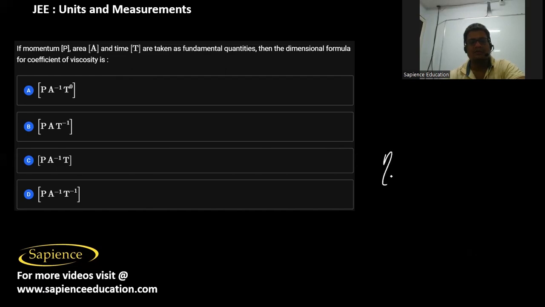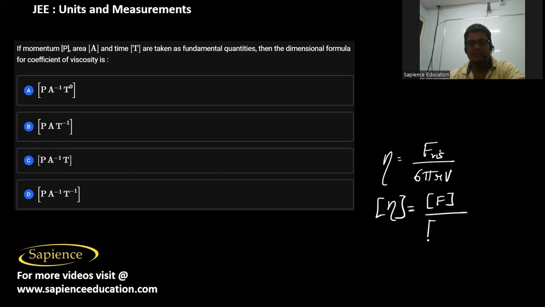So as you know, the coefficient of viscosity is given as the viscous force divided by 6 pi r into V. So the dimensional formula for coefficient of viscosity is the dimensional formula of force by the dimensional formula of radius into dimensional formula of velocity.